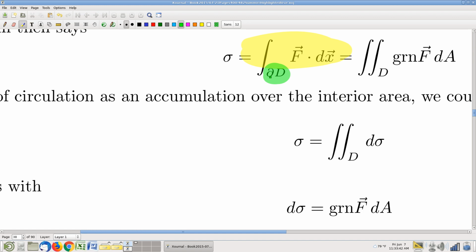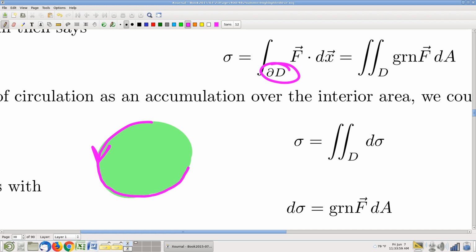And now let me draw a picture of what that looks like. A boundary, right, here's a solid two-dimensional region. Boundary is like this. And now let me try to draw a picture of what it is that this line integral around the boundary is measuring.